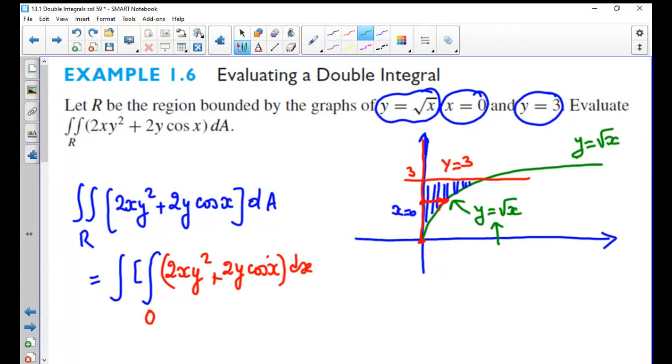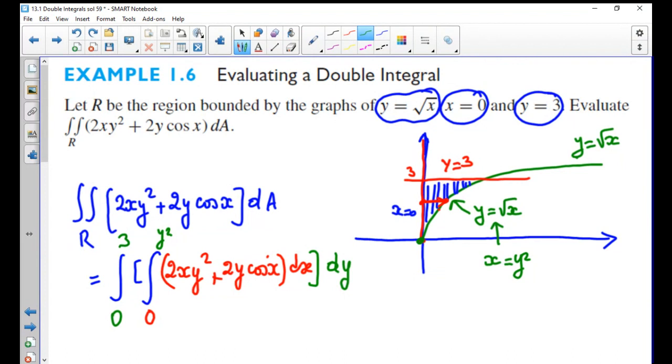I can change this into x equals y squared, since y is square root of x. And then the answer, we will integrate with respect to y from 0 to 3, like this. It's perfectly fine if I want to do it like this.